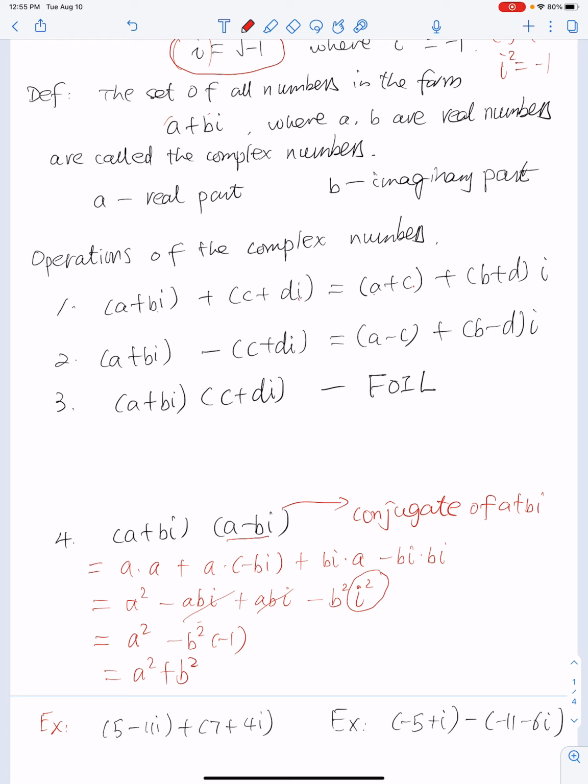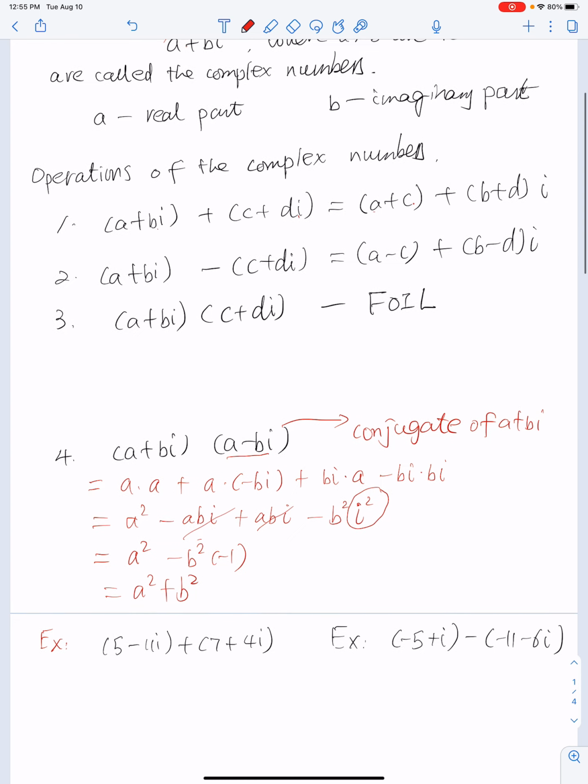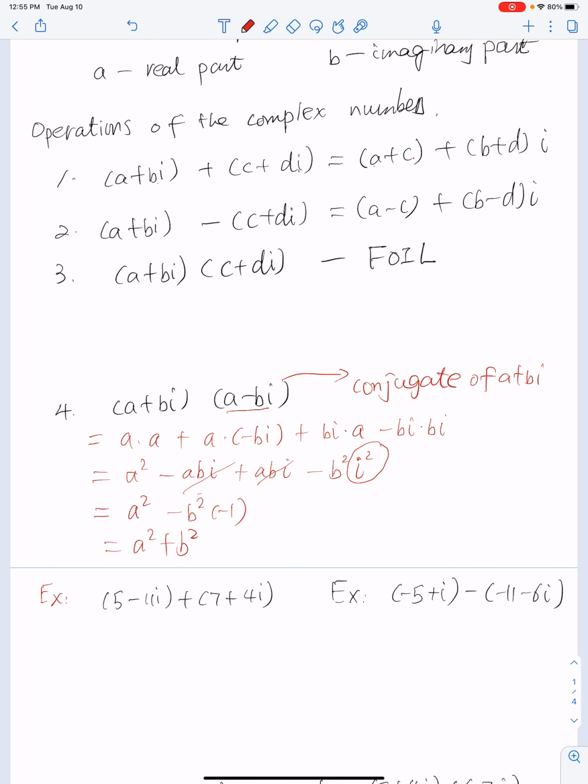You combine the number together and combine the terms with i's together. So a plus c, and b plus d for addition, a minus c, b minus d for subtraction. But for the multiplication, what do we need to do? We need to FOIL. What means FOIL? Means first, a times c, outside, a times di, inside, bi times c, last, bi times di.